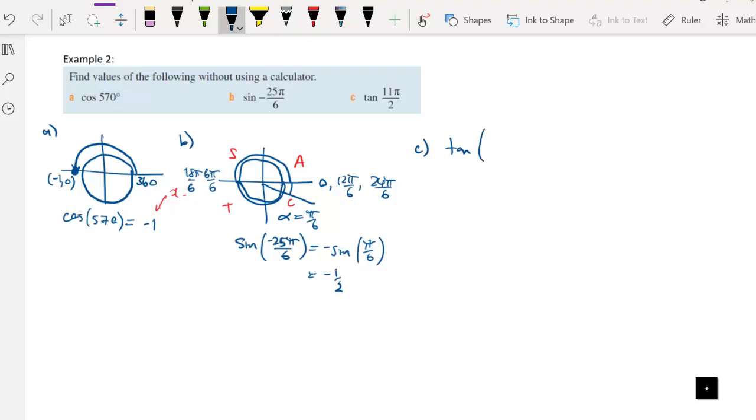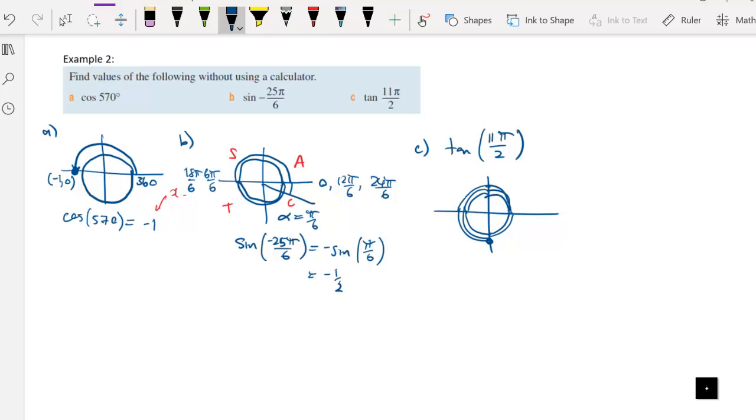Alright, so when we look at the third one, this is A, this is B, and this is C, and we're looking at tan 11 pi on 2, then we're looking at a scenario here where we've got 11 halves, or 11 90 degrees. So it's 1, 2, 3, 4, 5, 6, 7, 8, 9, 10, 11. We end up at this point here.